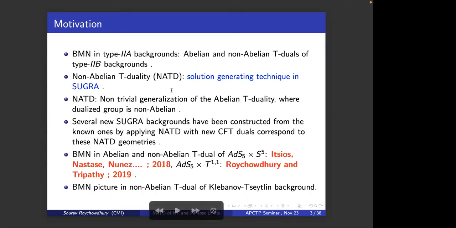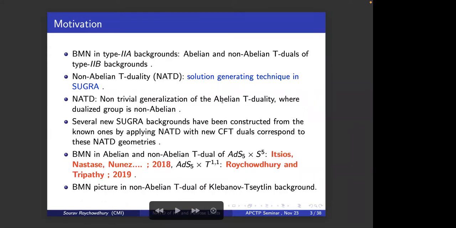Now recently, in 2018, the Swansea group started to investigate the pp-wave and BMN limits in this non-abelian T-dual solution, and they worked out the AdS5 x S5 case, followed by our previous work. We generalized their ideas to the non-abelian T-dual of the Klebanov-Tseytlin background.